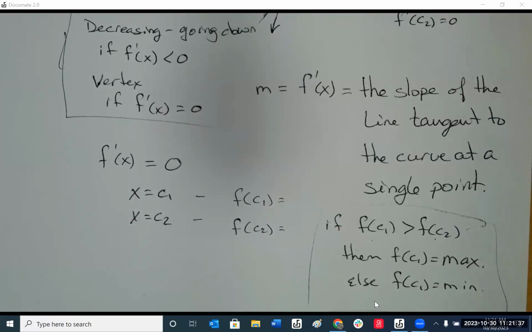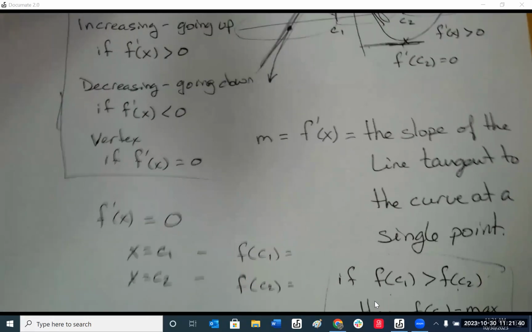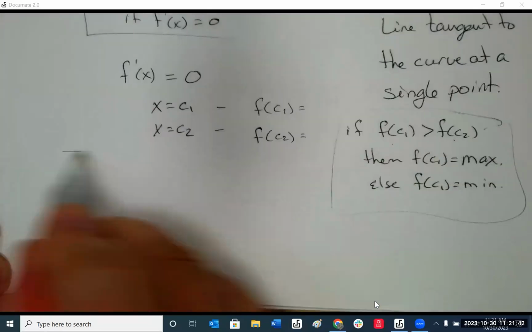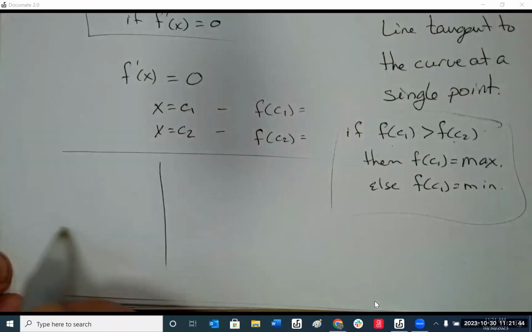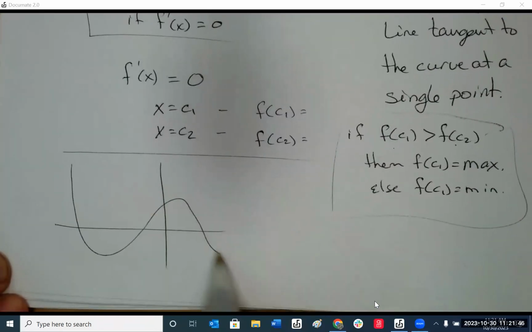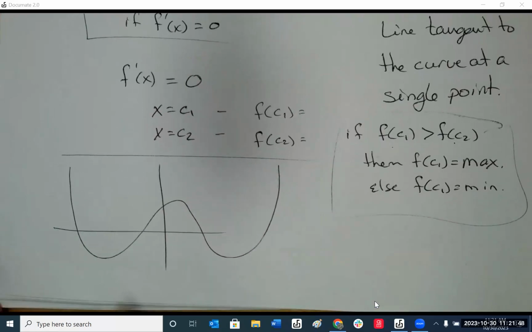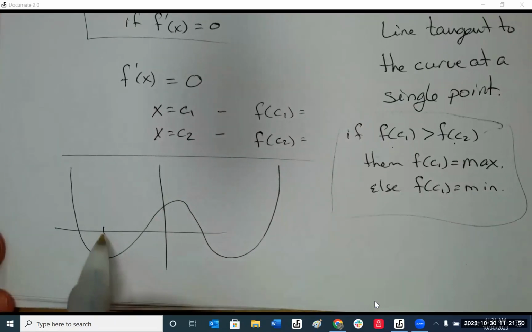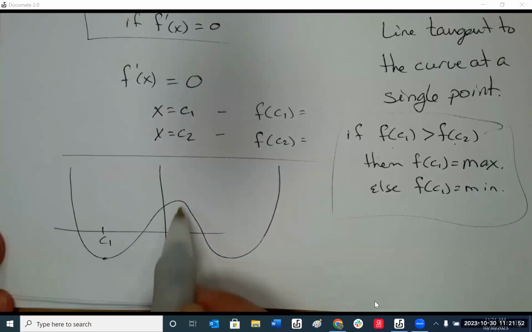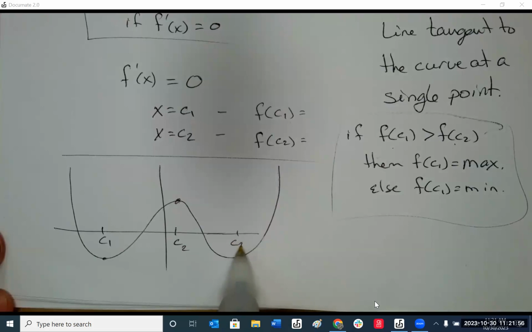Actually, or can they? What if we had a fourth order equation? C1, C2, C3.